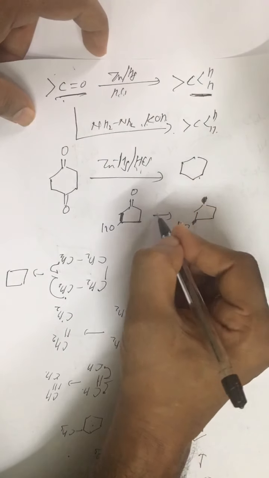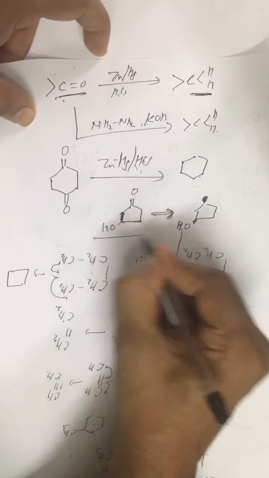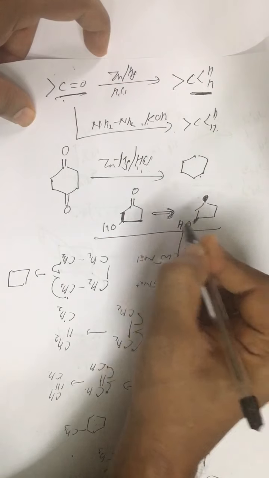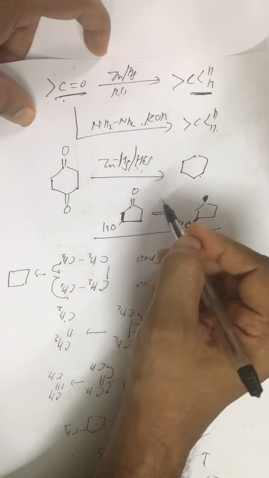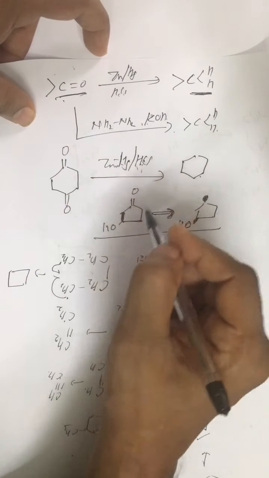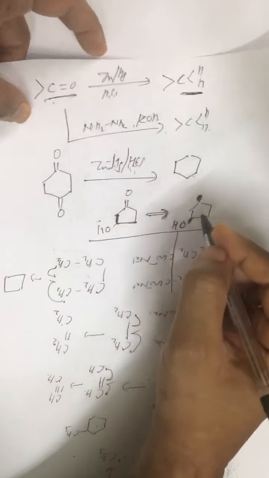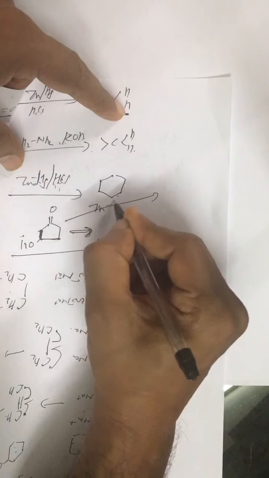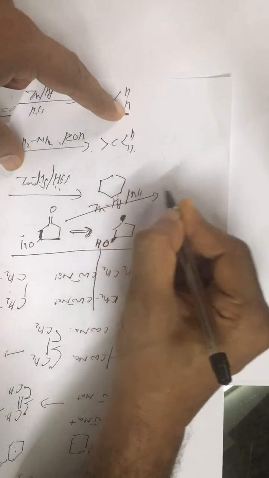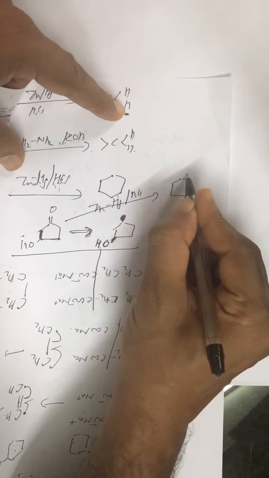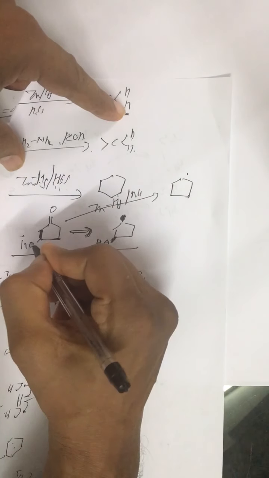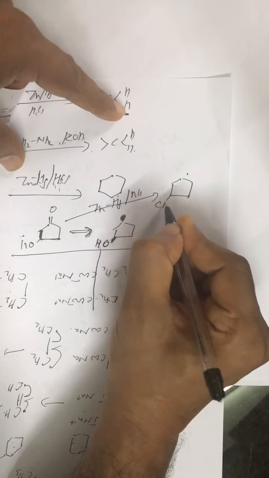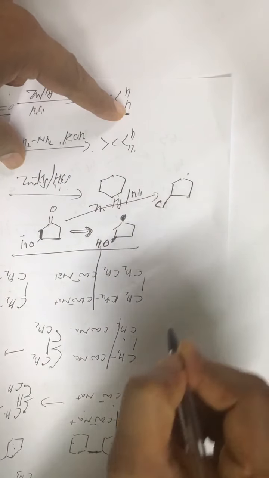The correct answer is for this conversion we have to use hydrazine and KOH. Otherwise, if you use zinc amalgam and HCl for this conversion, this reduction will be there, but OH group is also converted to Cl group. So this is the problem.